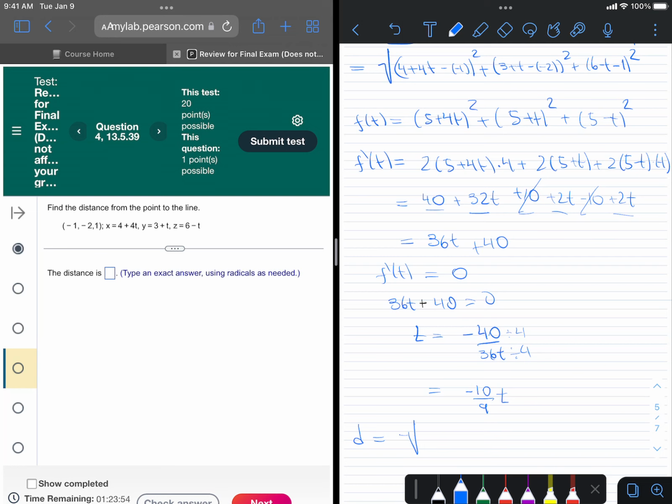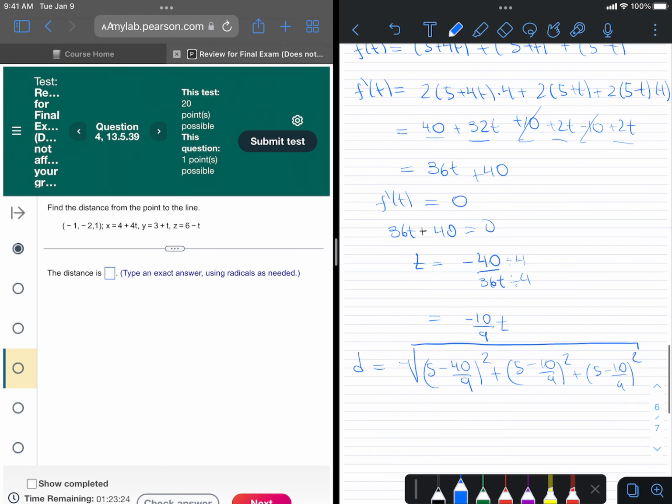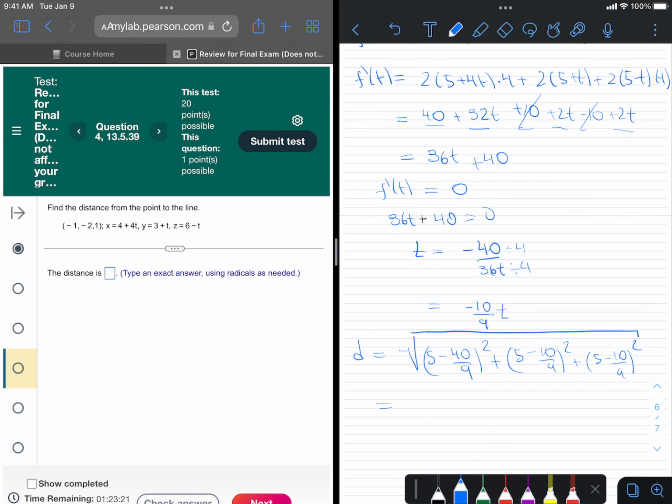So that is (5 plus 4 times negative 10/9) squared plus (5 plus negative 10/9) squared, and then plus (5 minus negative 10/9) squared. So that's the disadvantage of not expanding the equation originally.